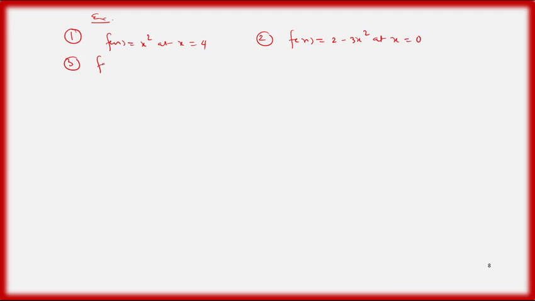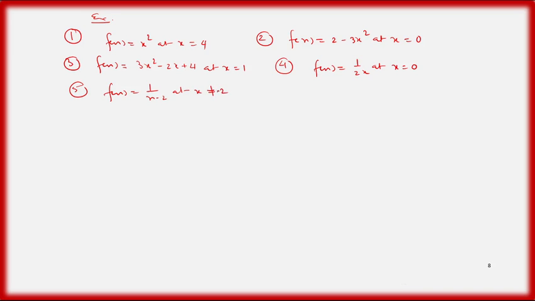Number 3, f(x) = 3x² − 2x + 4 at x = 1. Number 4, f(x) = 1/(2x) at x = 0. Number 5, f(x) = 1/(x − 2) at x ≠ 2.